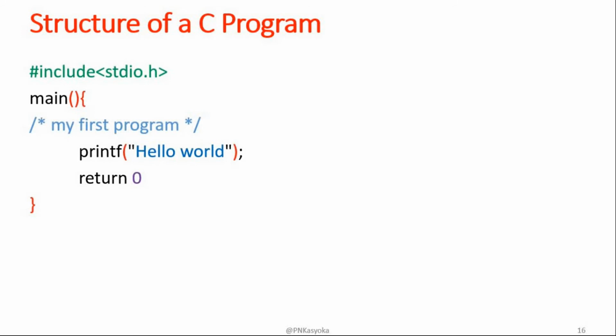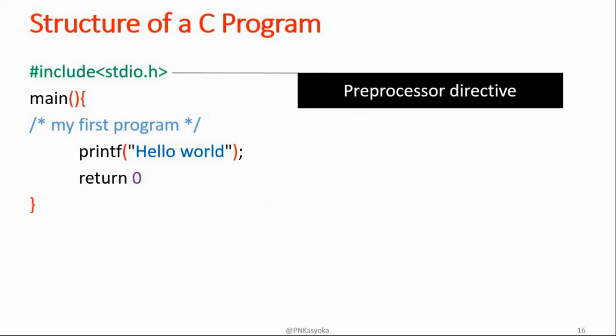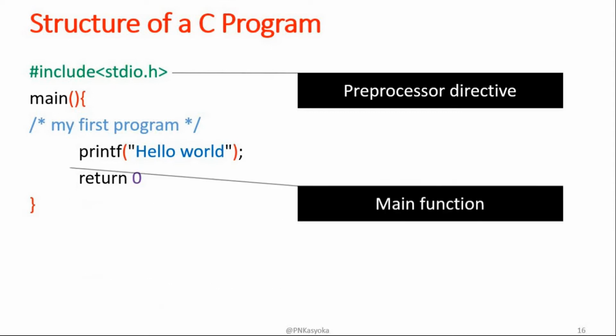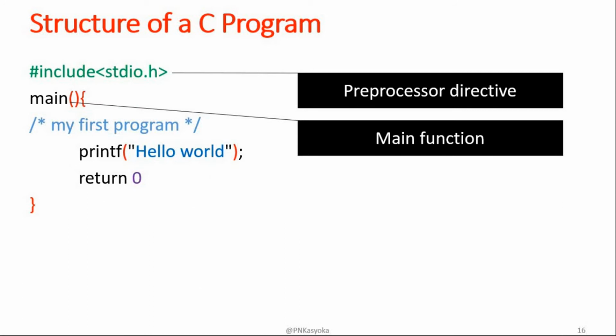Let's look at the structure using a sample code. Looking at this code, in the first line where we have #include standard input output.h, this is the preprocessor we talked about. It basically instructs the compiler to include a specific file before it can perform the process of compilation. We have the main function, and as we have said, that is the first function that will be executed when you run the program.